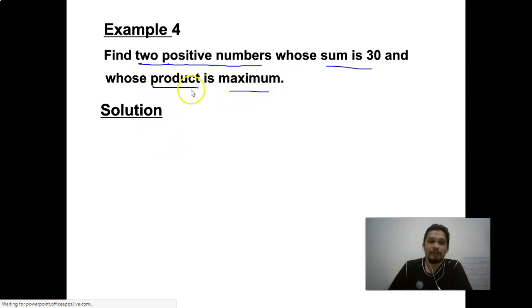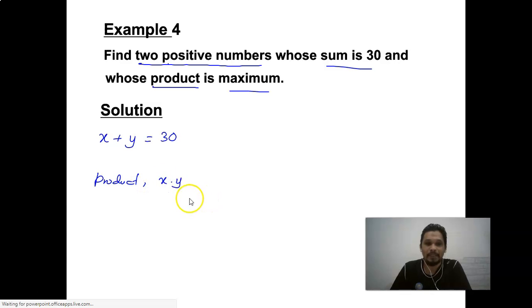Okay, so first we look at the information given here. Two positive numbers, we imagine that we call them x and y, with the sum, which is the addition of the two numbers, equal to 30: x plus y equals 30. The product means x multiplied with y, where the product is maximum.